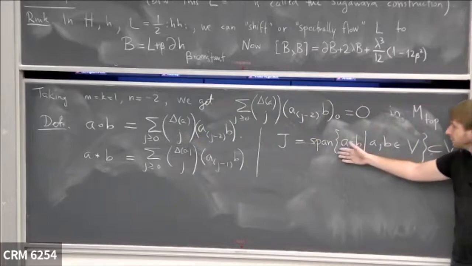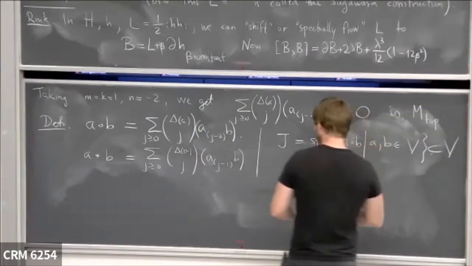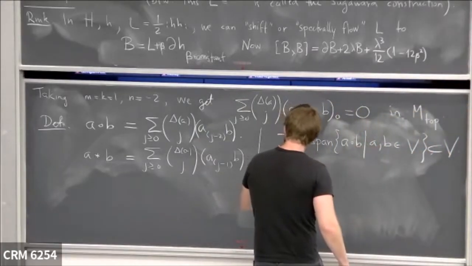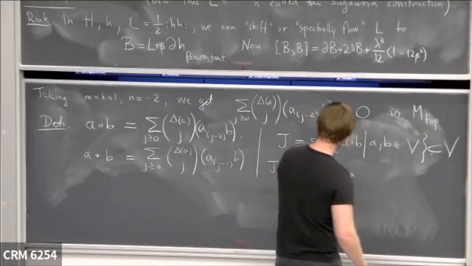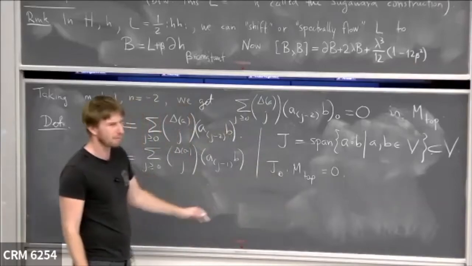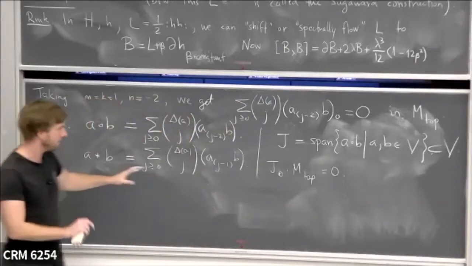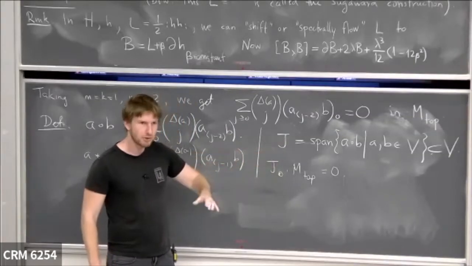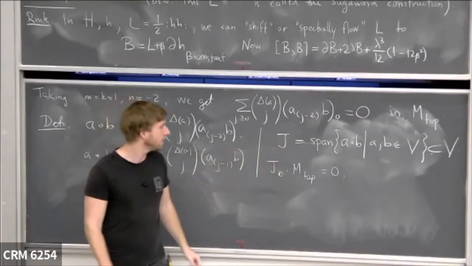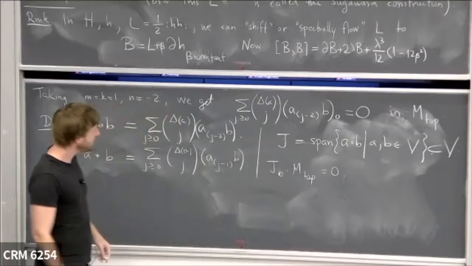There's a nice thing about J: J0 on M top is 0. So what we hope to happen is you have a vertex algebra and some ideal, which you can quotient, and then you have some smaller algebra that acts on the top piece. In fact, this is exactly what happens.